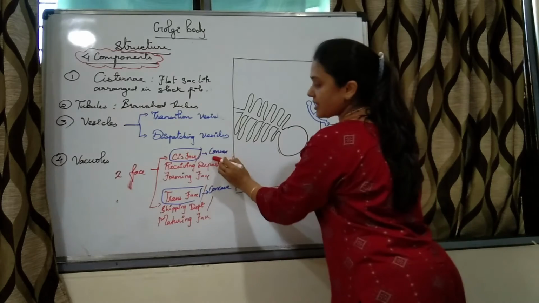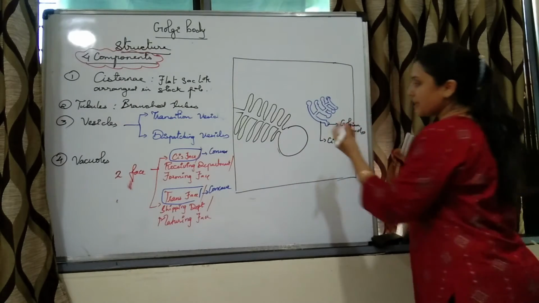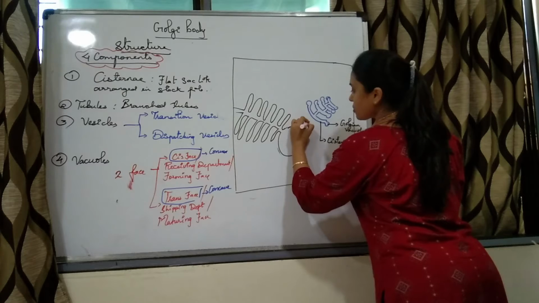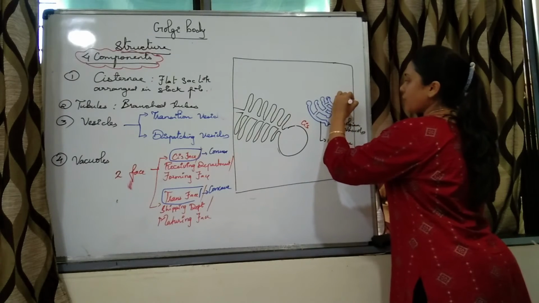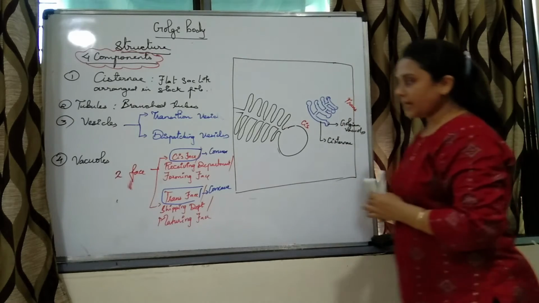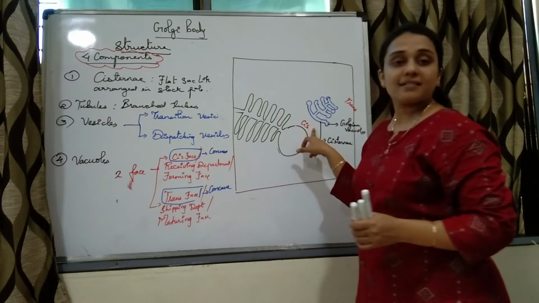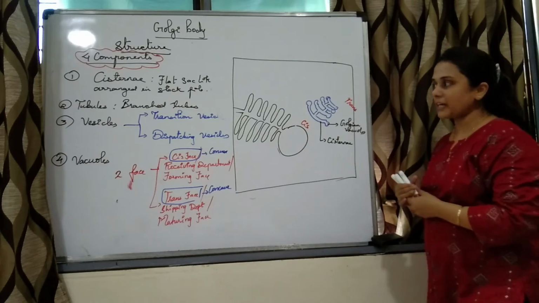So which phase is convex side? It is cis phase. Right? So this part is called as cis phase and this part is called as trans phase. Right? Cis phase is the receiving department. Trans phase is the shipping department.